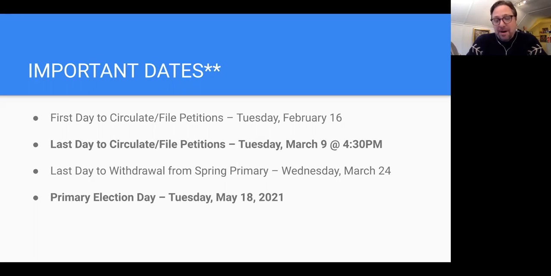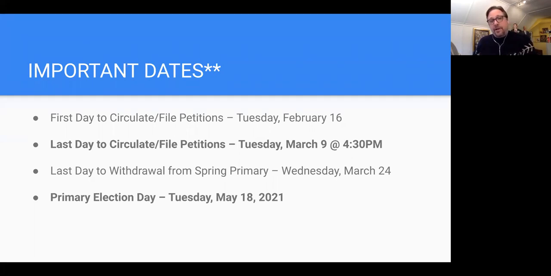Your petitions must be into the Erie County Courthouse, and your statements of financial interest must be submitted to their relevant municipalities by 4:30 on Tuesday, March 9th. If you're running for constable, as I said before, that is considered a state office.